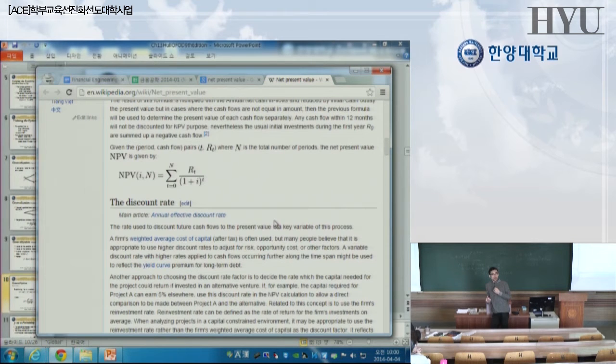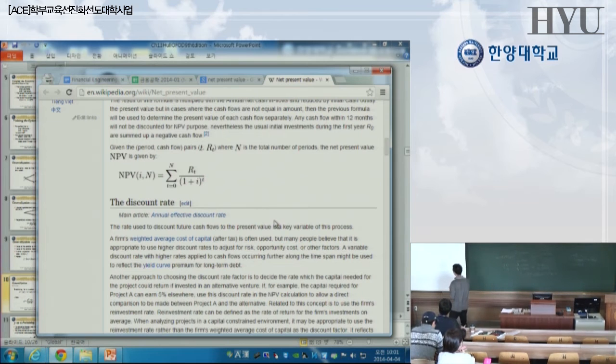So we all hate risk, right? We all are risk averse. Therefore, the more risk, the more heavily we discount. That's the point. If there is more risk, we have to discount harder.